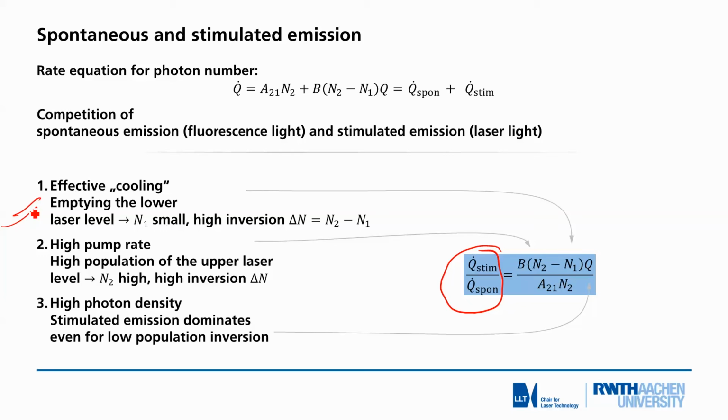So if N2 minus N1 gets large, the stimulated emission of photons will dominate more significantly.